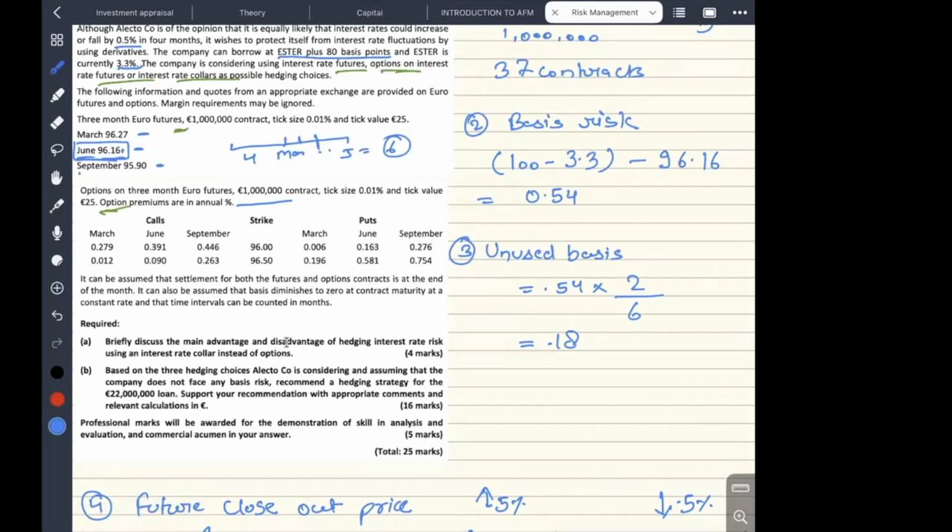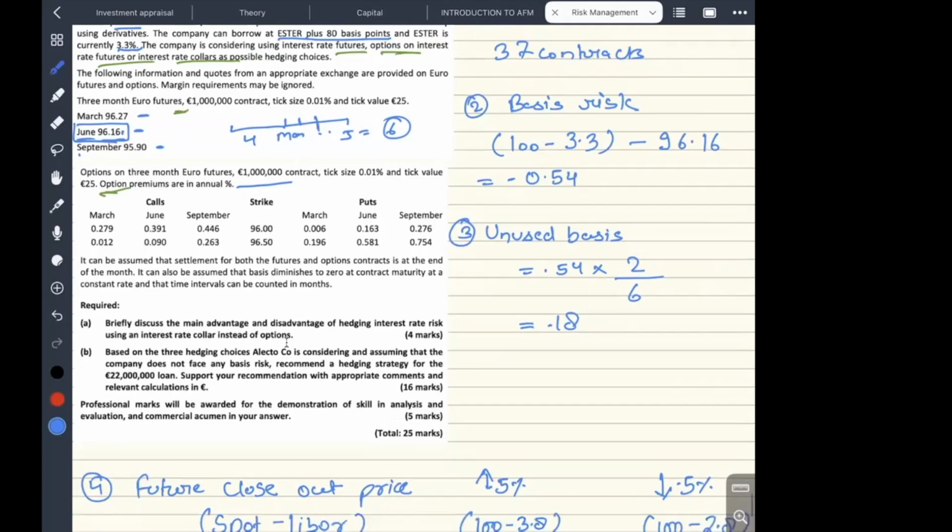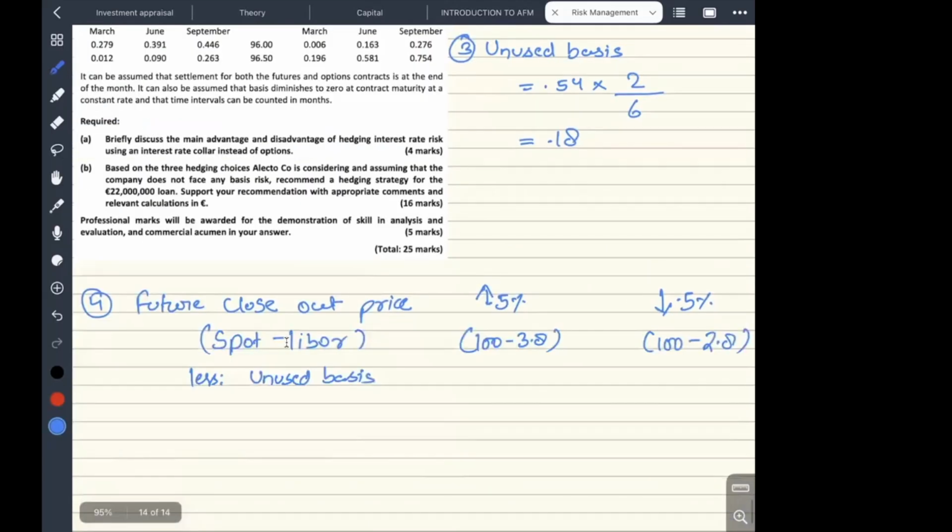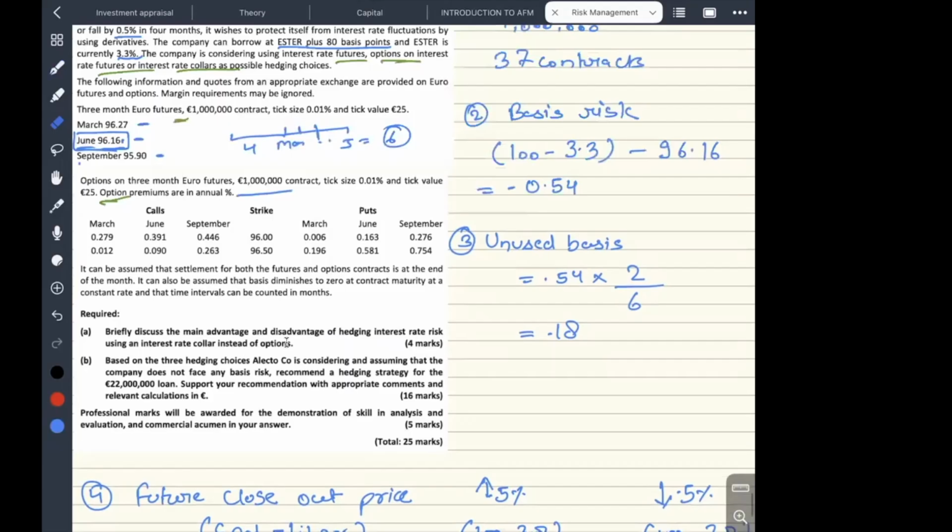Over here, if it was negative 0.54, then it is always going to be negative. And since unused basis was negative, the negative would have become positive. But over here, 100 minus 3.3 is 96.7, minus 96.16. So my answer is coming out to be positive. So we don't have to worry.